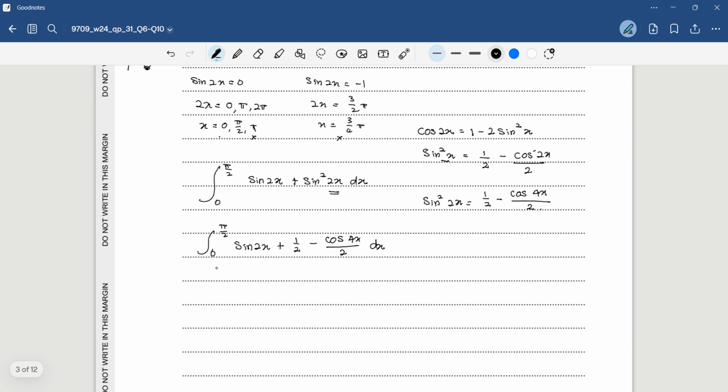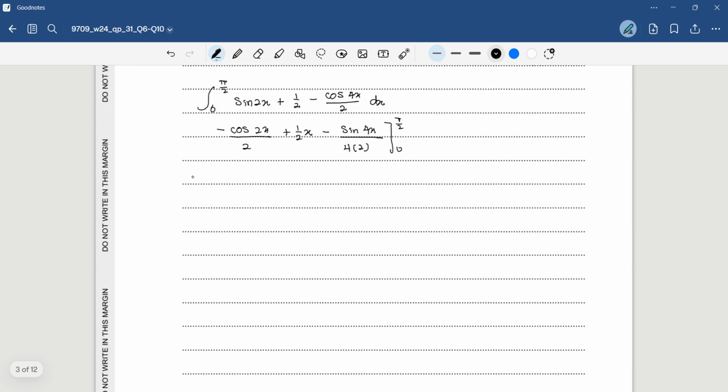Okay, so integrate sine, you'll get negative cos 2x over 2 plus 1 over 2 x. Integrate cos, you will get positive sine, so it remains as negative sine 4x over 4 multiplied with 2. So this is 2 here, so this 4 comes from here. From 0 to pi over 2.